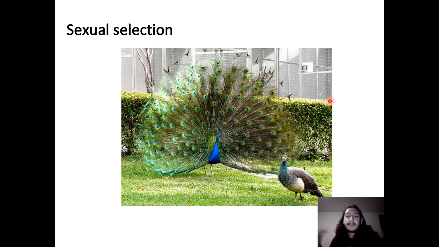Then, is sexual selection increasing the viability of the species, or is it just going to be a test of how selfish I should be with how I choose my partner? Because, for example, if you see this huge tail, you can probably think that it's going to impair the peacock from flying a lot, or it's going to be harder to run away from predators.